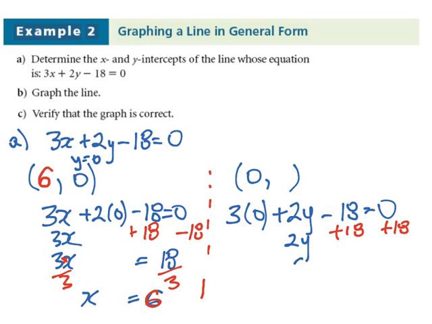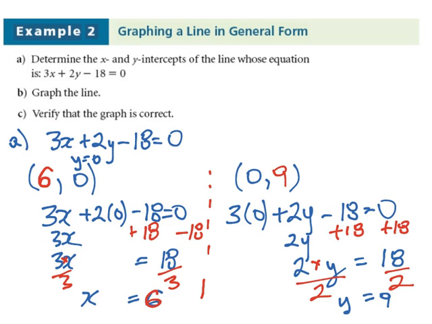So on the left-hand side, we have 2 times y is equal to positive 18, and then we divide by 2 both sides of the equation to cancel out the 2, and y will equal 9. So this means that the y-intercept is going to be 9. And we recall that whenever we have a y-intercept, x equals 0.